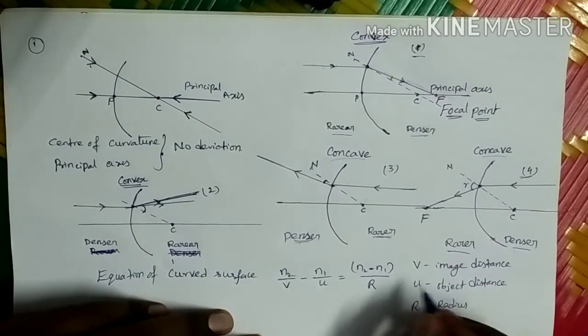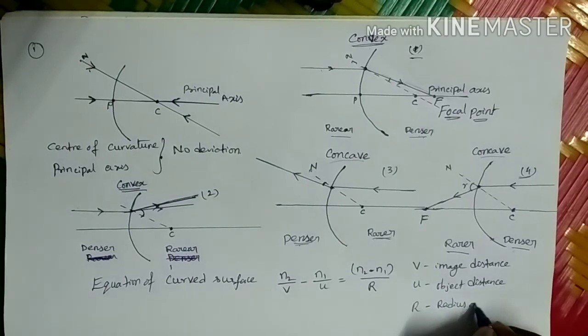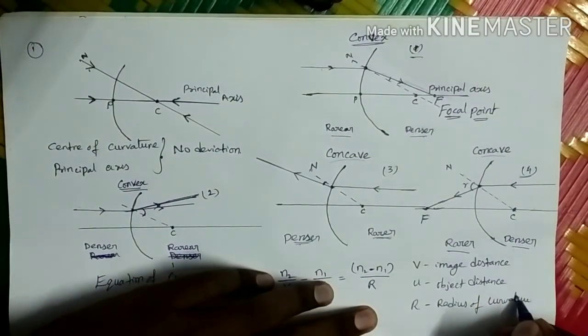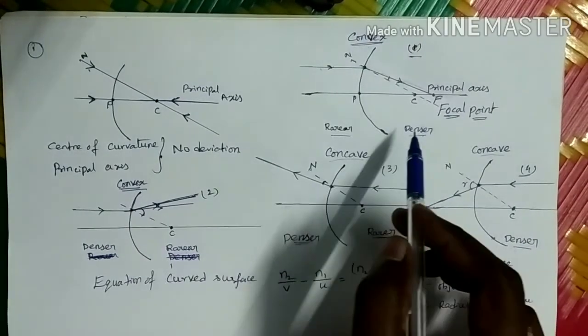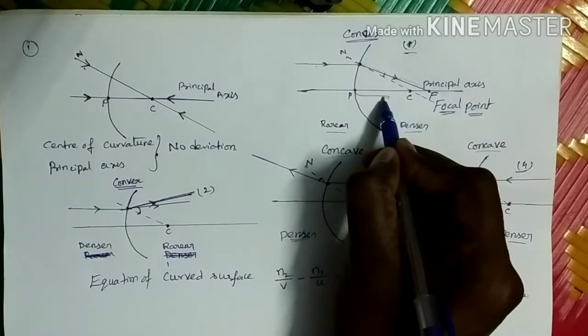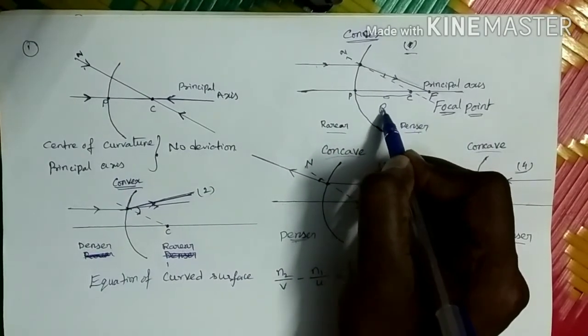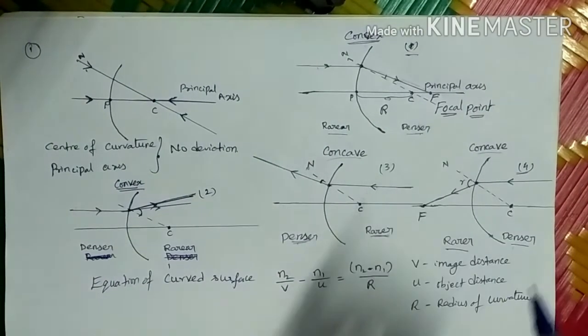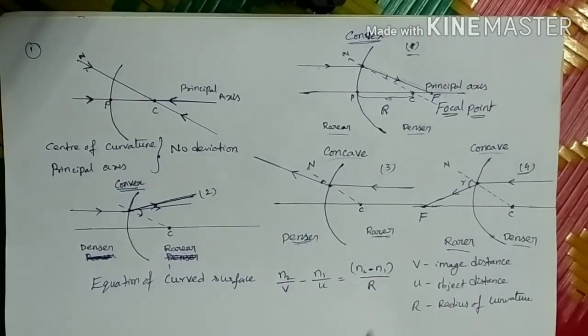I didn't tell this before, I will tell it now. What is the radius of curvature? The distance between the pole and the center of curvature, that we call the radius of curvature.